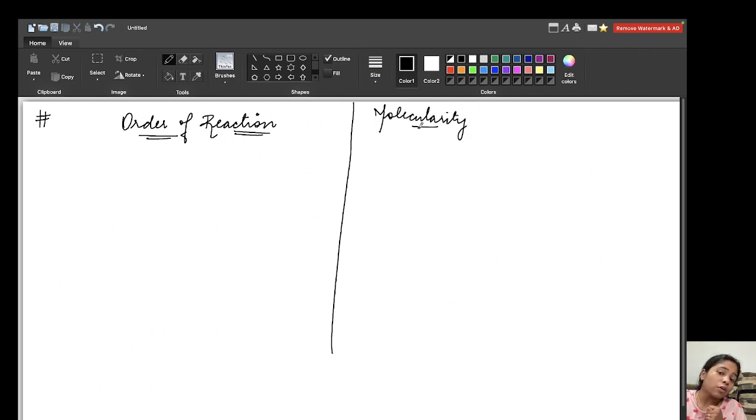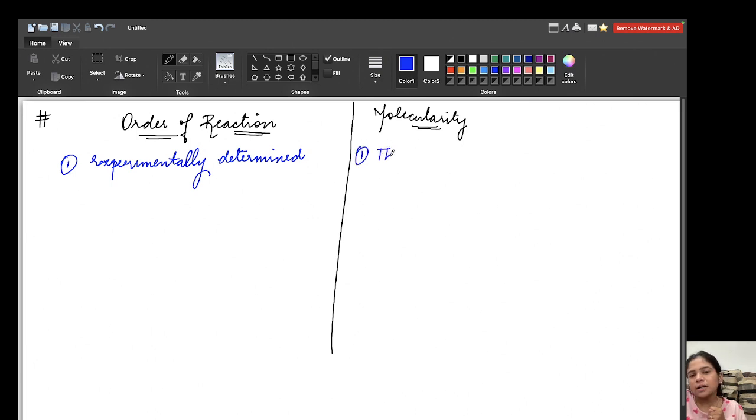Now you know order of the reaction is experimentally determined, whereas molecularity is theoretically determined.